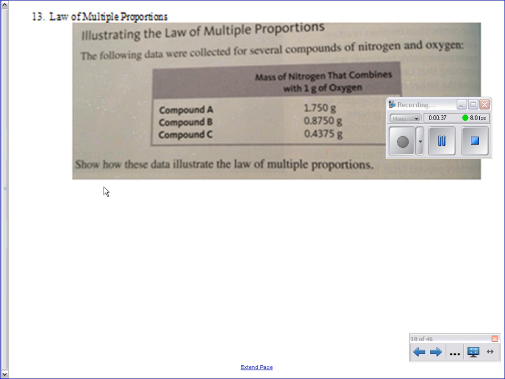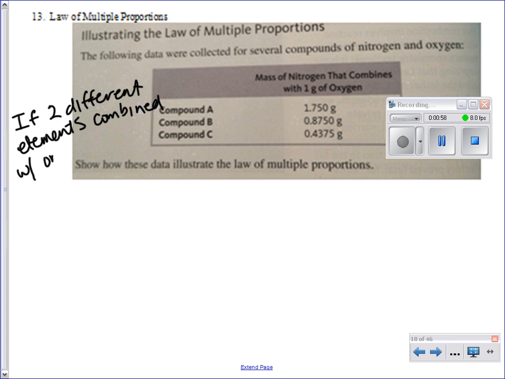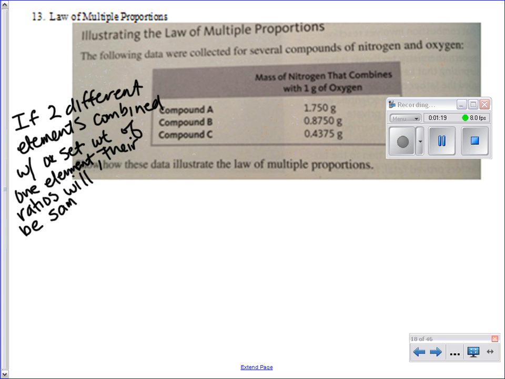The law of multiple proportions says that if two different elements combine with a set weight of one element, their ratios will be small.